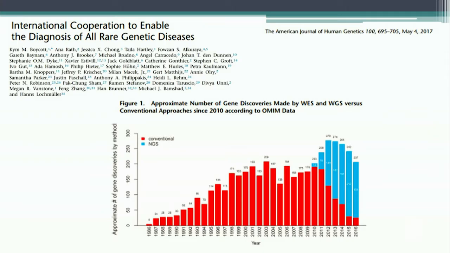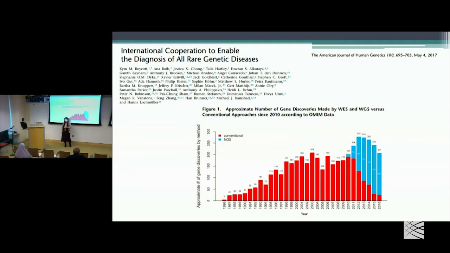So the red is traditional approaches using linkage mapping and then candidate gene analysis in the locus, whereas in the last few years, almost all of the analyses have converted over to whole exome and genome next-gen sequencing approaches. And there is some question as we see the decline.